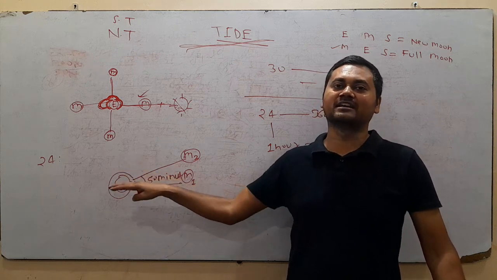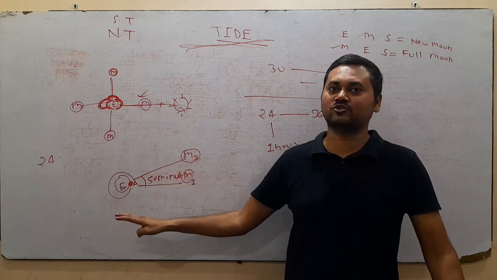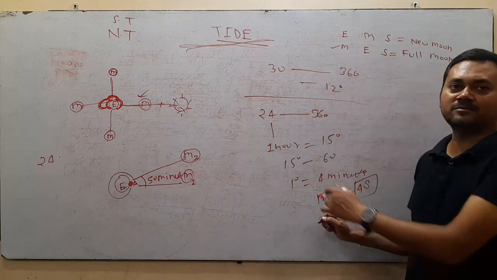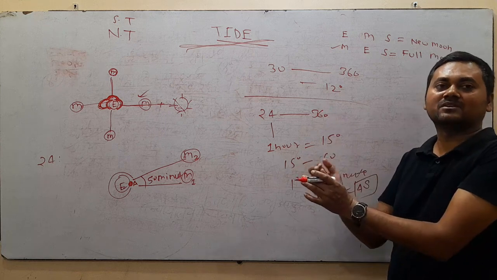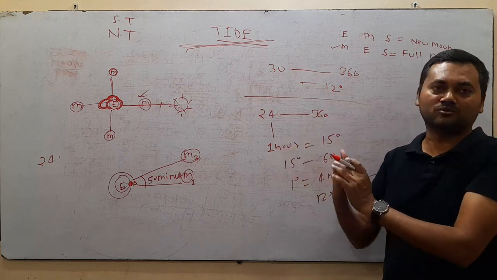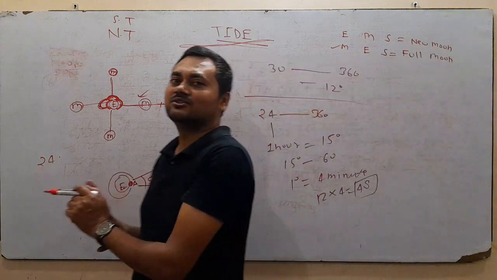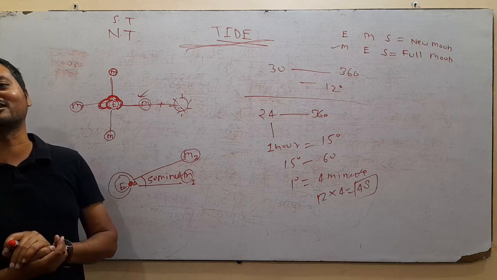This 12 degrees, which has to be covered by the earth, will require 48 minutes if we are taking 30 days for the moon. Because of this, this is not exactly 24 hours.